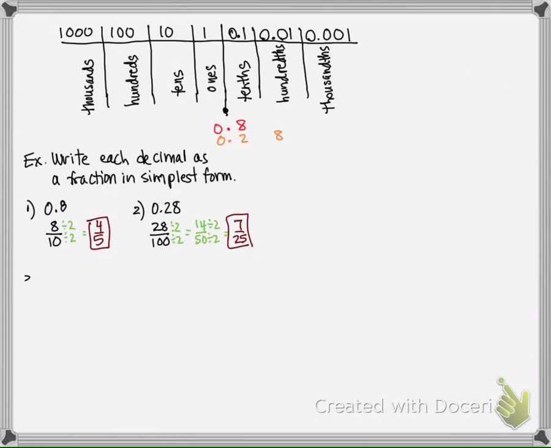Okay, let's do one more. We have 0.125, so again, to get the 5 into its own column, it would go all the way to the thousandths. So this is actually 125 thousandths. All right, well, let's see.